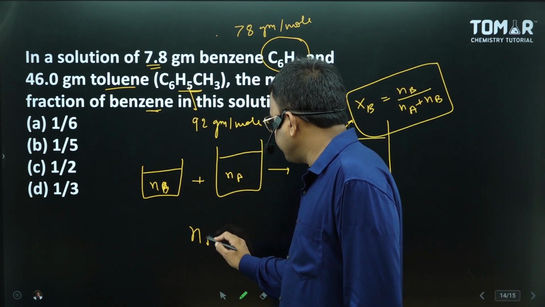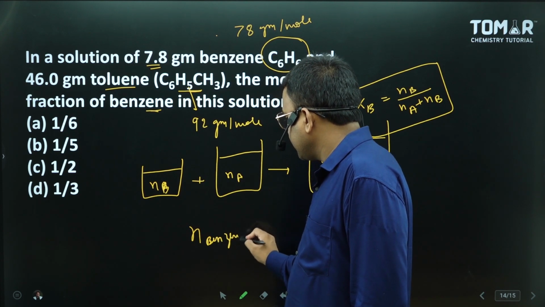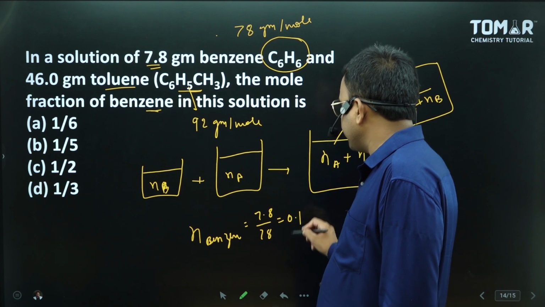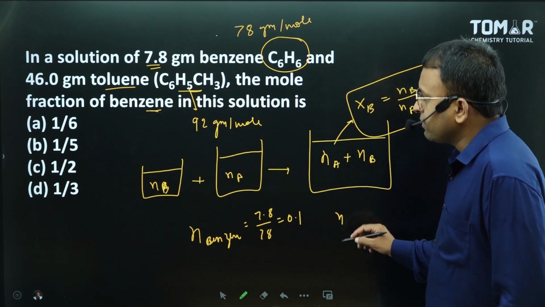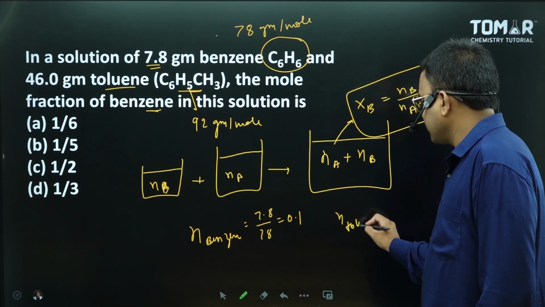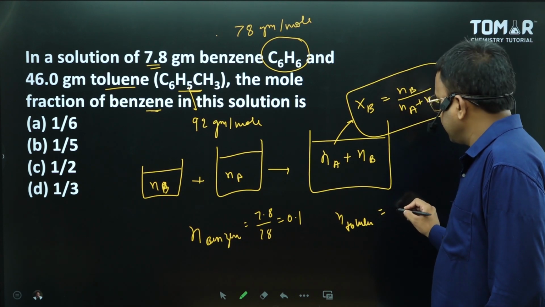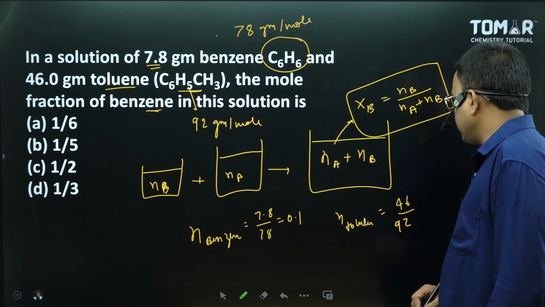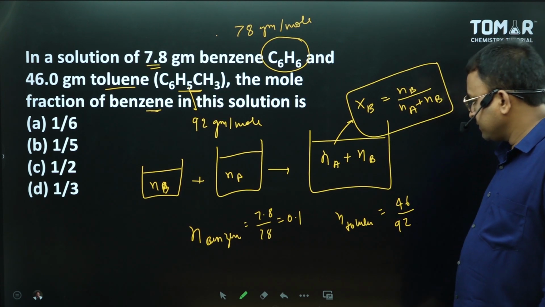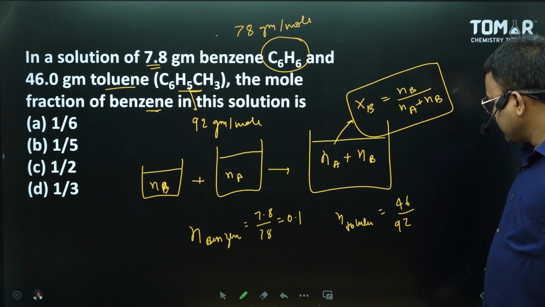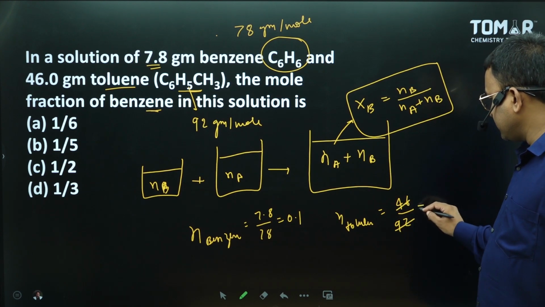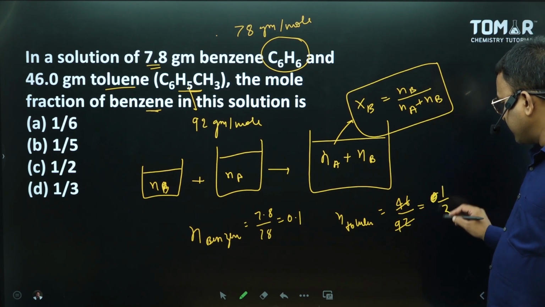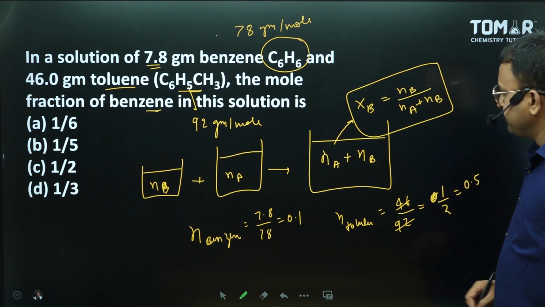Moles of benzene is 7.8 divided by 78, that is equal to 0.1. Similarly, moles of toluene is 46 divided by 92, which becomes 1 by 2, that is 0.5.